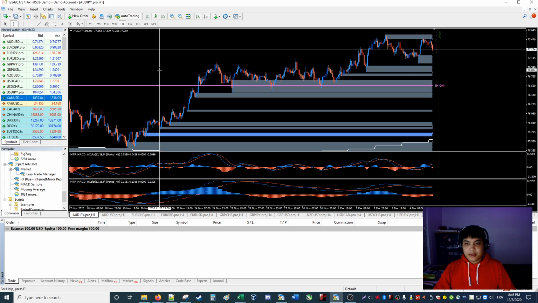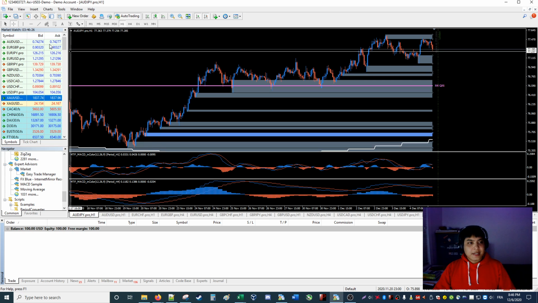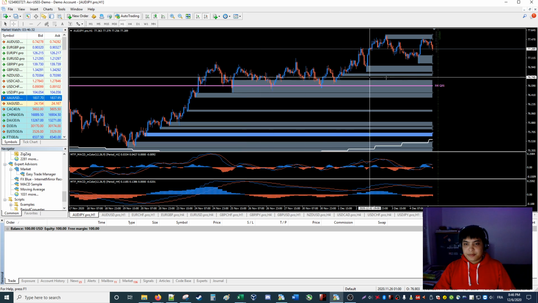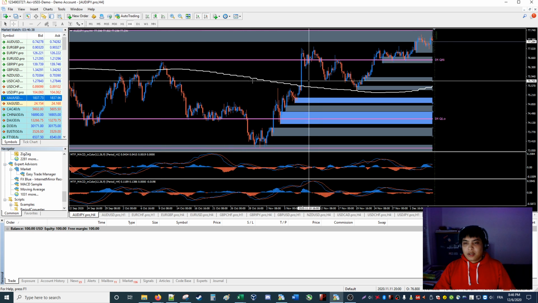I say probably here, which means that if we want to go into a sell, we will want to enter around this price. And if we look at the H4, we can see that we're above the D1, like the daily movement. We're on the extreme high zone, so there's a probability that it goes up. But as soon as it breaks this level here, I think we could go all the way down from here to here.